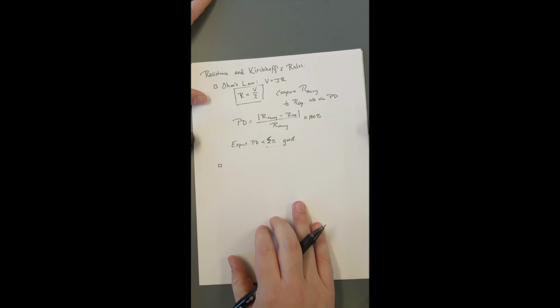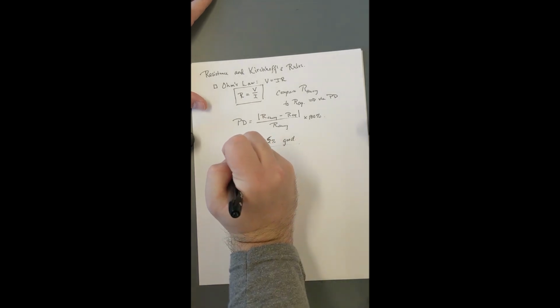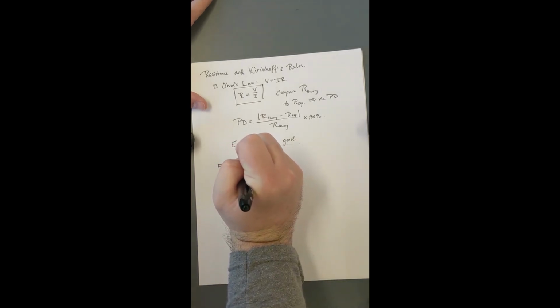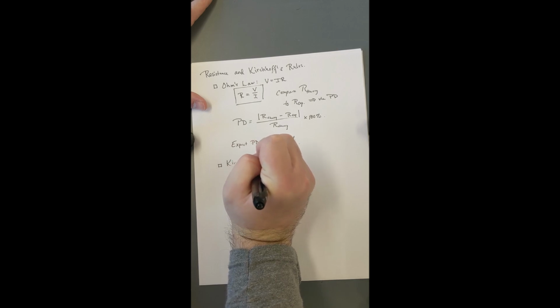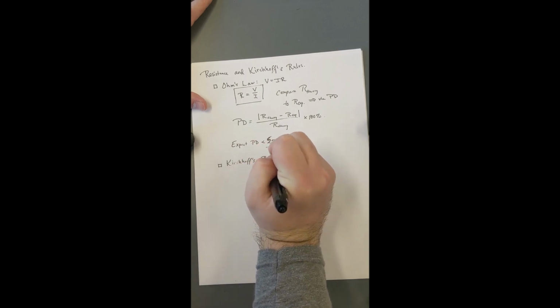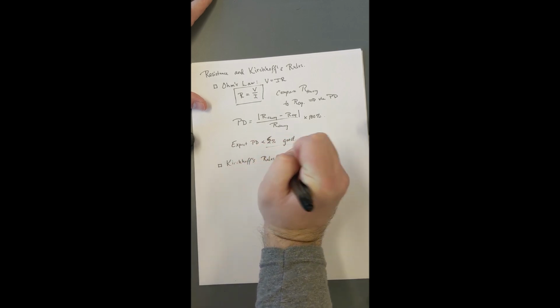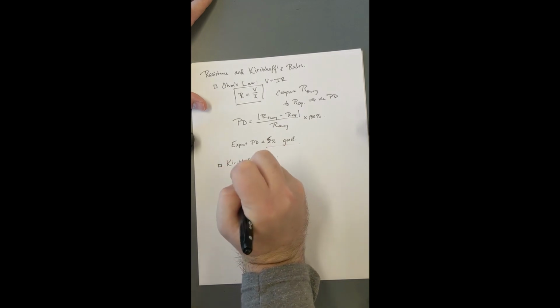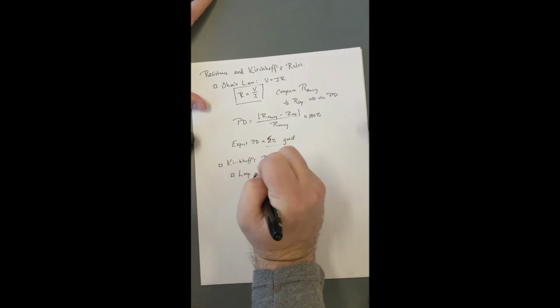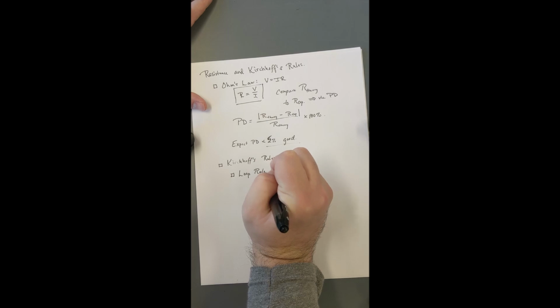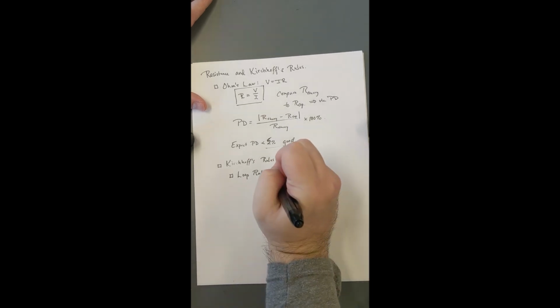Alright, next what we'll then do is look at Kirchhoff's rules. And there are two of them. The first one is called the loop rule, which essentially is a retelling of the conservation of energy.